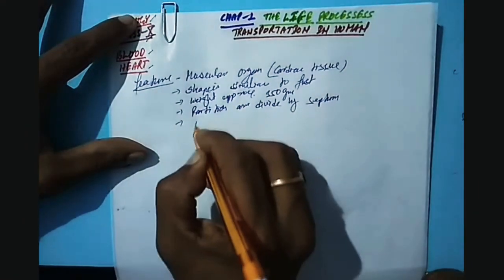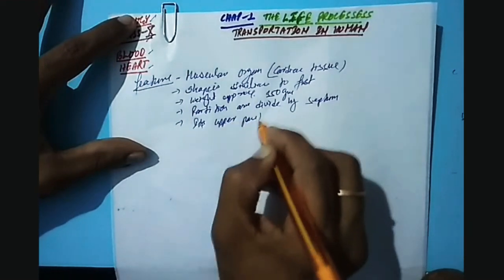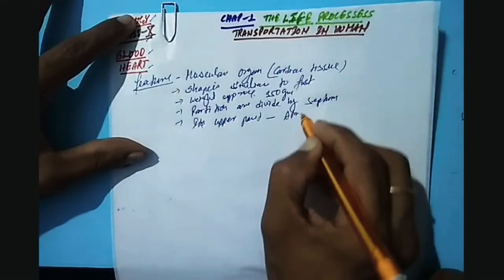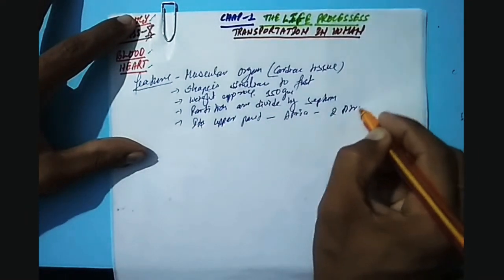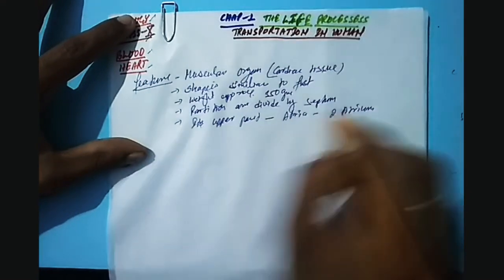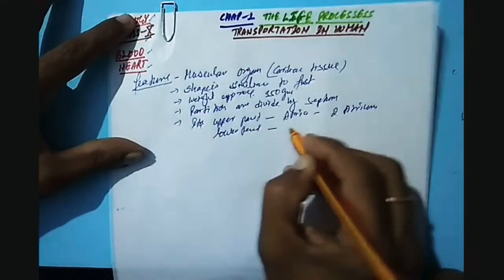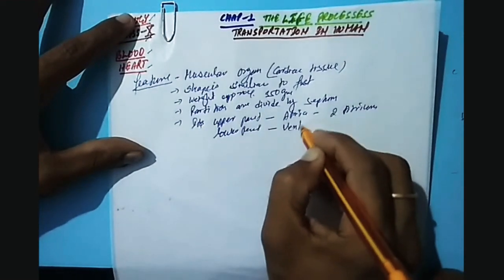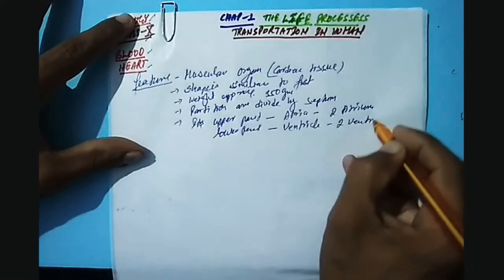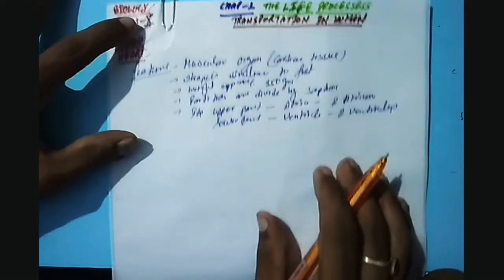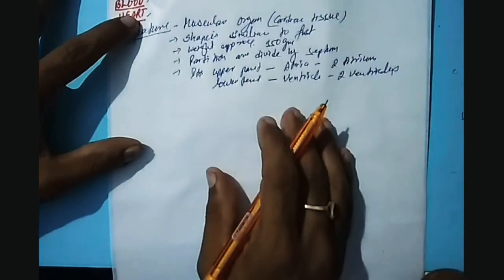Next, its upper part is called atria, that contains two atrium, right and left, and the lower part is called ventricles, that contains two ventricles.